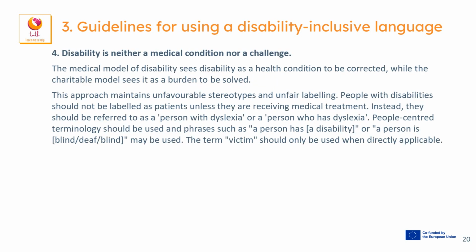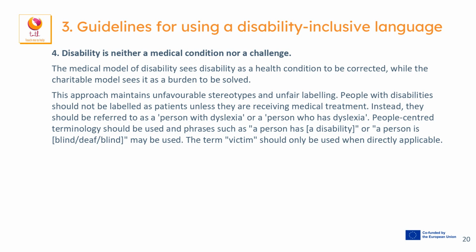Disability is neither a medical condition nor a challenge. The medical model of disability sees disability as a health condition to be corrected, while the charitable model sees it as a burden to be solved. This approach maintains unfavorable stereotypes and unfair labeling. People with disabilities should not be labeled as patients unless they are receiving medical treatment.